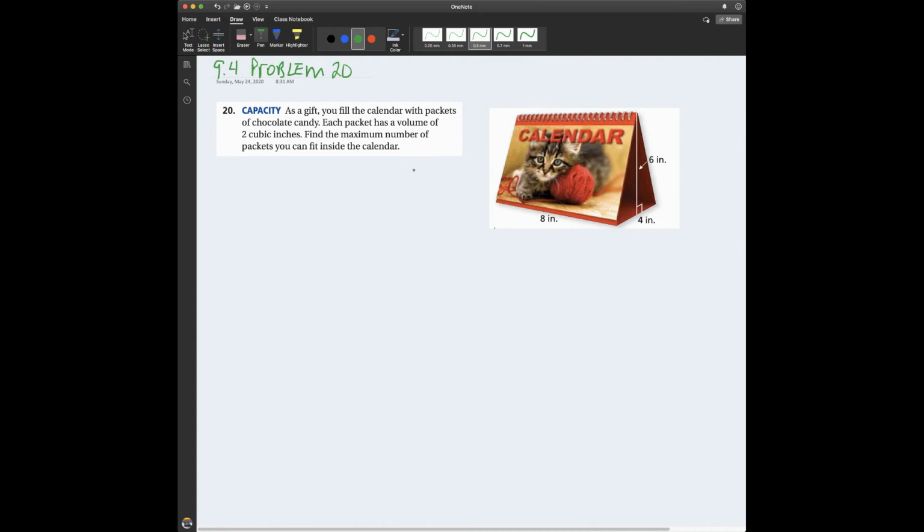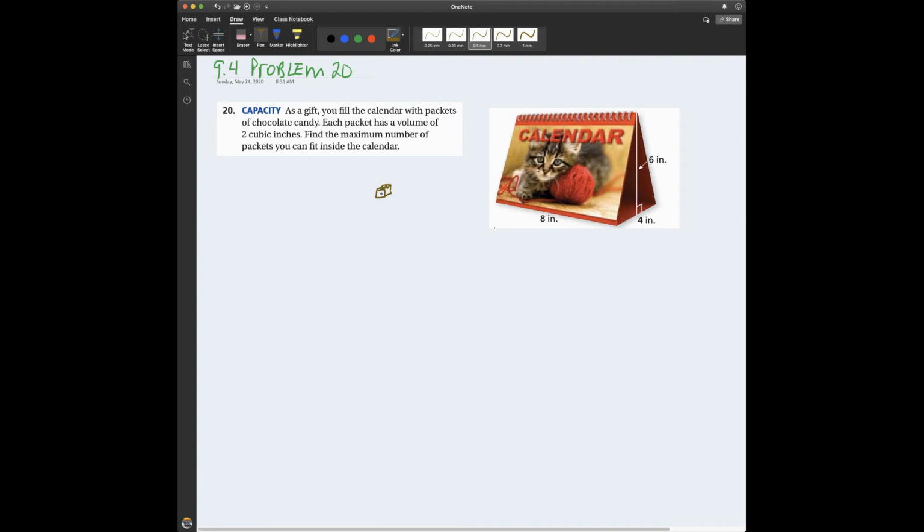of chocolate candy. Each packet of candy, so I've got this packet of candy. Let me see if I can find something that looks like chocolate. So you have this piece of candy, let's say it looks like this, maybe some sort of cube.